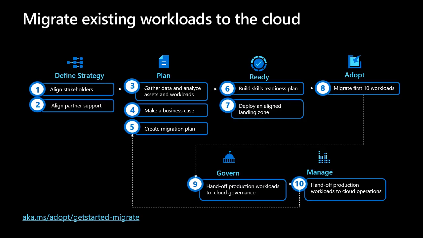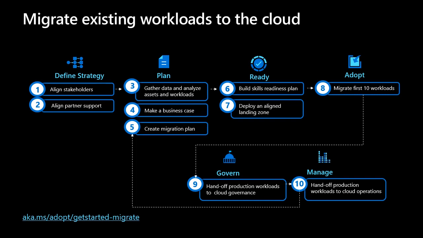Now, this is a view of the same cloud adoption framework, but focusing on migration. Say, for example, a majority of the things that you would like to do is just simply moving applications, infrastructure, and data from on-premise to the cloud.